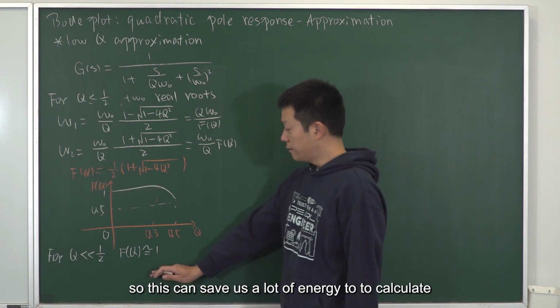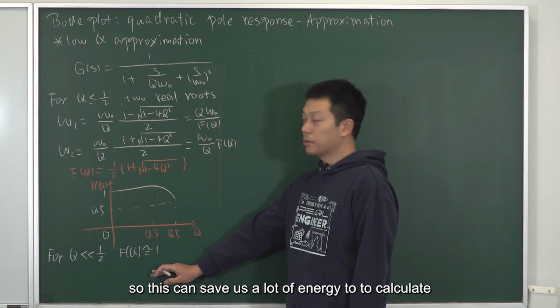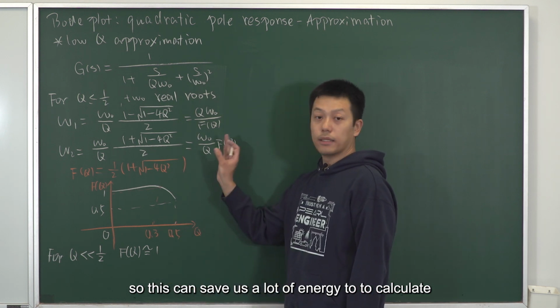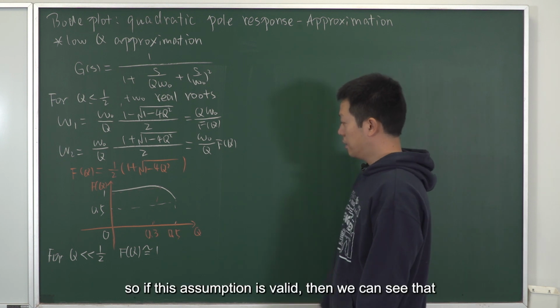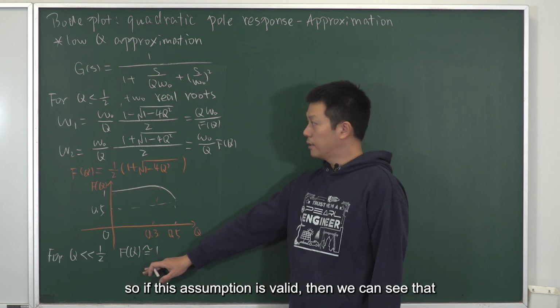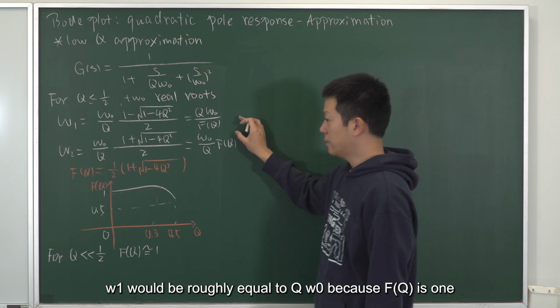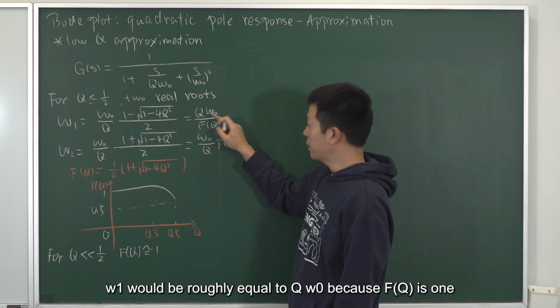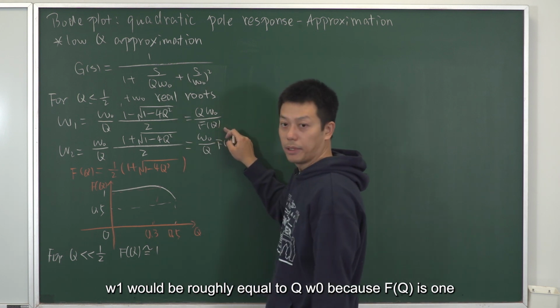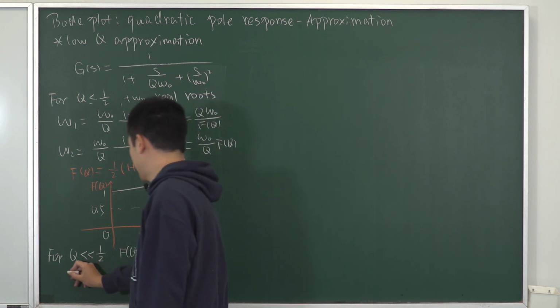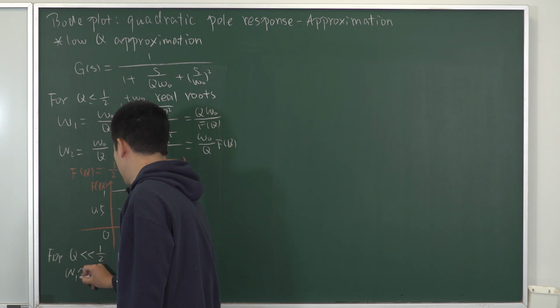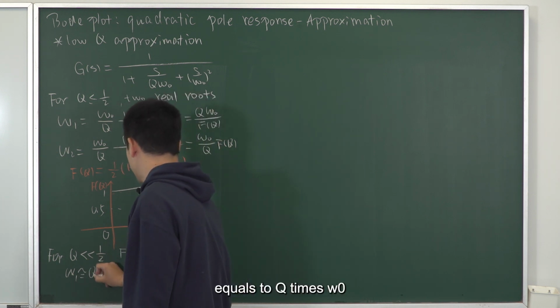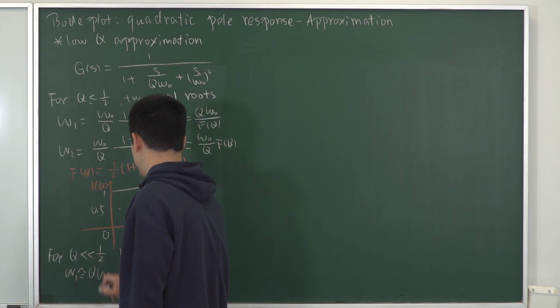This can save us a lot of effort in calculation. If this assumption is valid, then omega 1 would be roughly equal to Q omega 0, because F(Q) is 1.